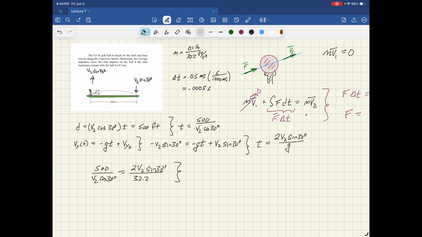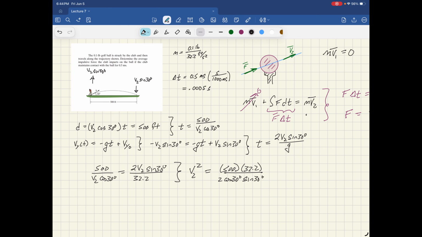This then gives me v2 squared will equal 500 times 32.2 divided by 2 cosine 30 degrees times the sine of 30 degrees.